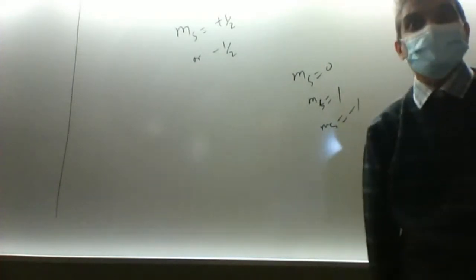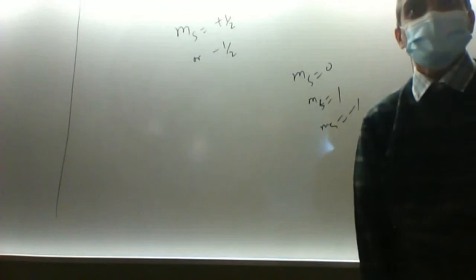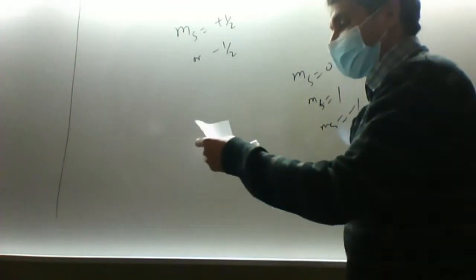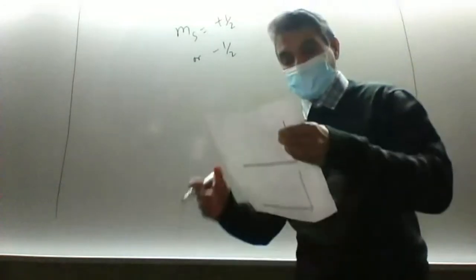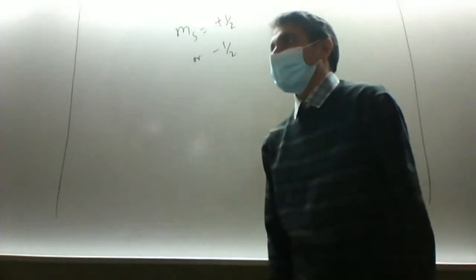So ms cannot have values other than plus half or minus half. Make sense? In number B in problem 38, ms is equal to 0, and that's clearly wrong.